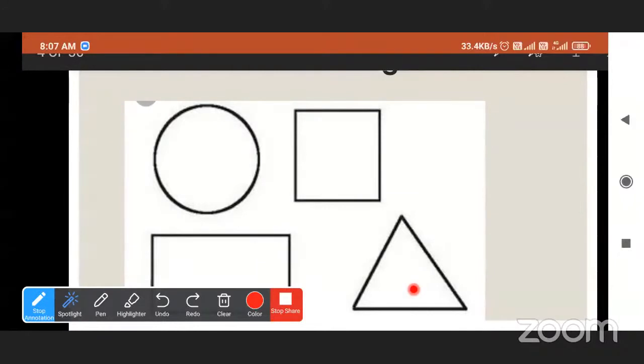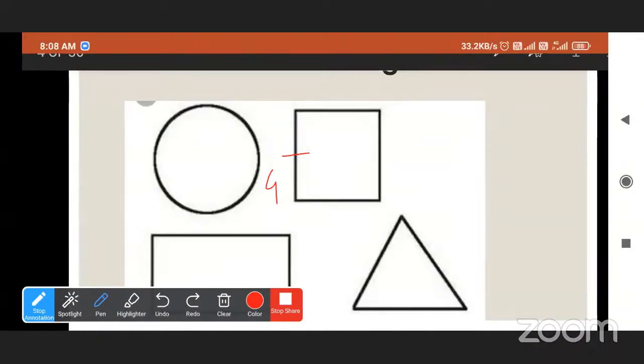Now tell me, how do you find the perimeter of a square? We already learned it. If one side of a square is 4 centimeter, then what is the perimeter of the square? Can you tell me?